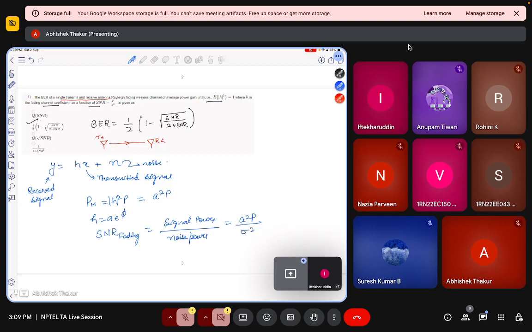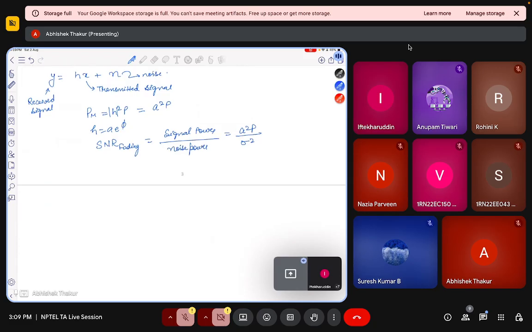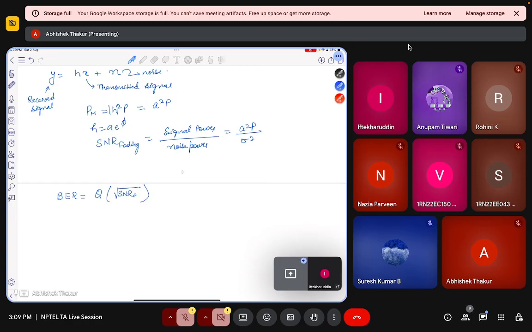Okay, and we all know that bit error rate is given as Q function of square root of SNR. Here SNR of this fading channel coefficient, we can write as A squared P by sigma squared. This term is general SNR, like signal to noise ratio.